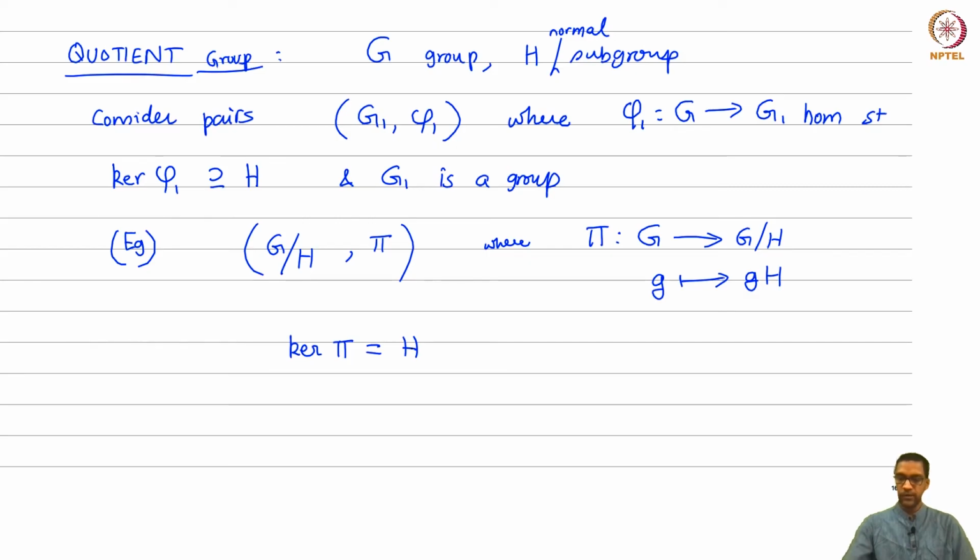Now the point that I want to make in this setting is that this particular pair is actually also a universal object. This is also universal in the following sense. If you consider all such pairs (G1, phi 1), then the following is true.